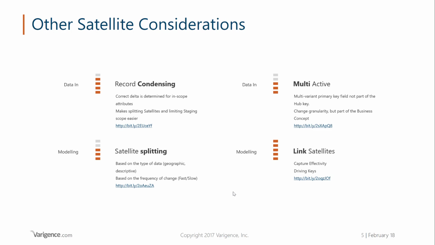You also want to take into consideration whether you've modeled any satellites to be multi-active. And multi-active is normally where you have multivariant primary keys. So you may have a table in your source system coming through, say a CRM system, and that CRM system is telling me that this record was active between this time and this time.